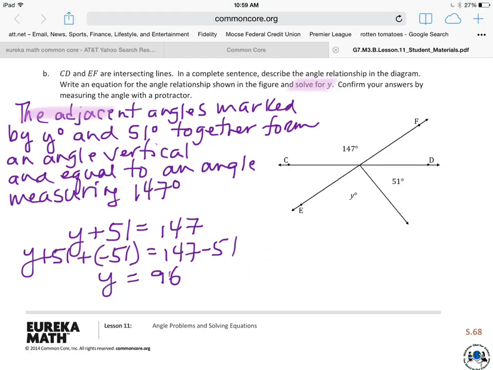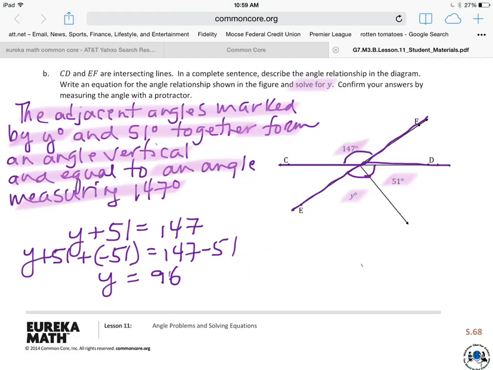So the adjacent angles marked by y degrees right here and 51 degrees right here together form an angle that is vertical and therefore equal to an angle measuring 147 degrees. That's this one right here. You can see that these two are vertical, because that includes these two and that includes that one there. So they are equal.